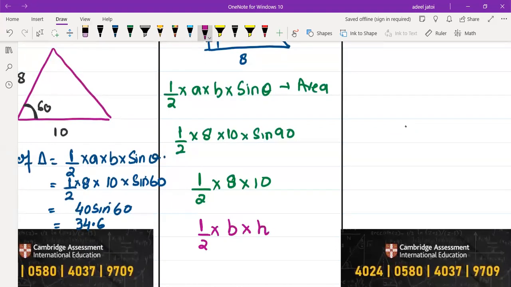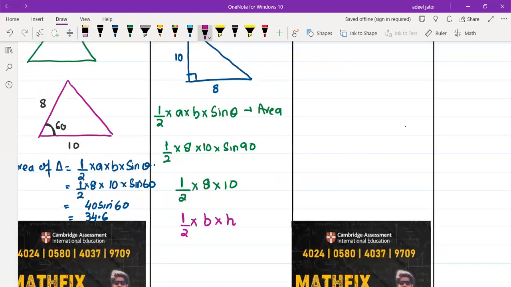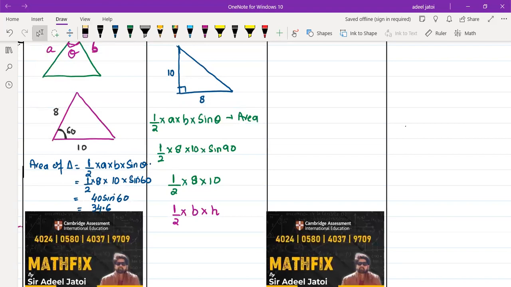So the answer to this particular question will be 40, because 8 into 10 is 80, and 80 divided by 2 becomes 40. For a right angle triangle, you can easily use half into base into height, because the angle is 90 and sine 90 is always equal to 1.